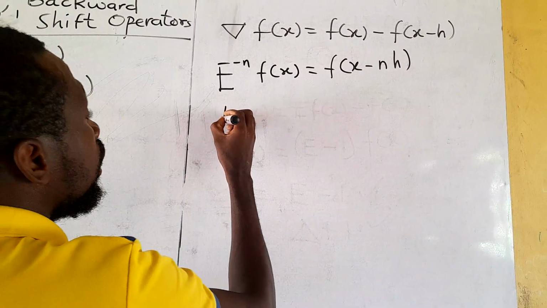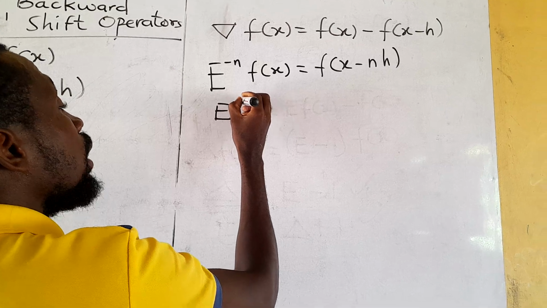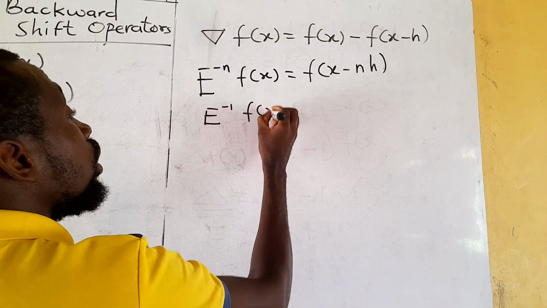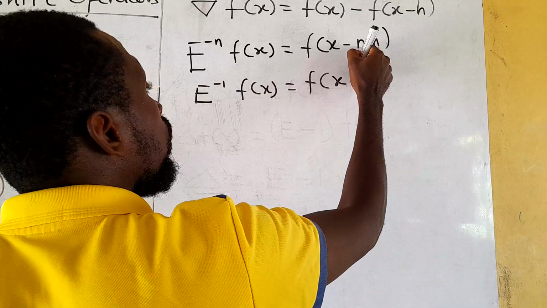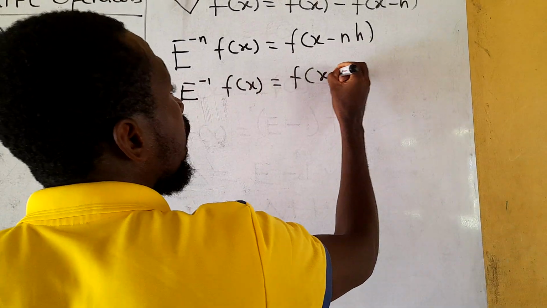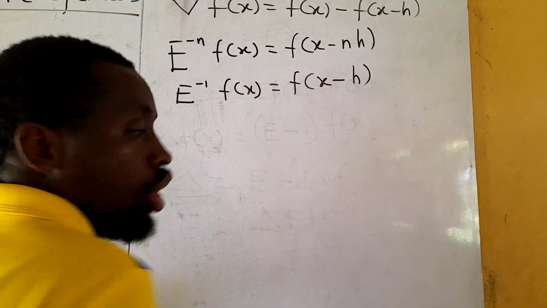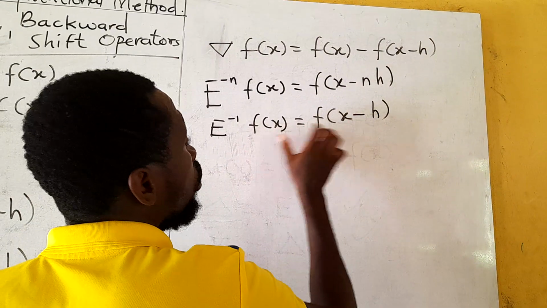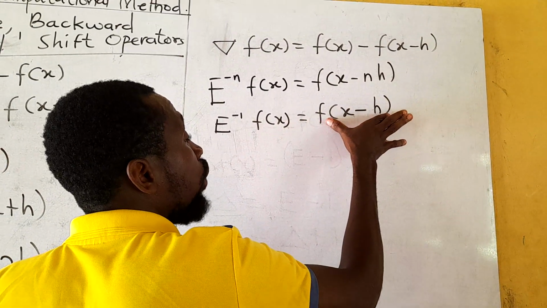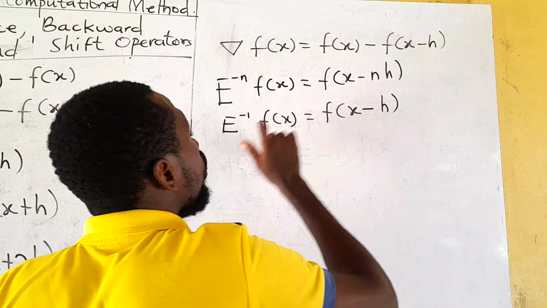So we can say that E exponent negative 1 of a function will be equal to f of x. In place of n now we substitute 1, so minus h. I hope you get that. So in place of f of x minus h here, we substitute this.